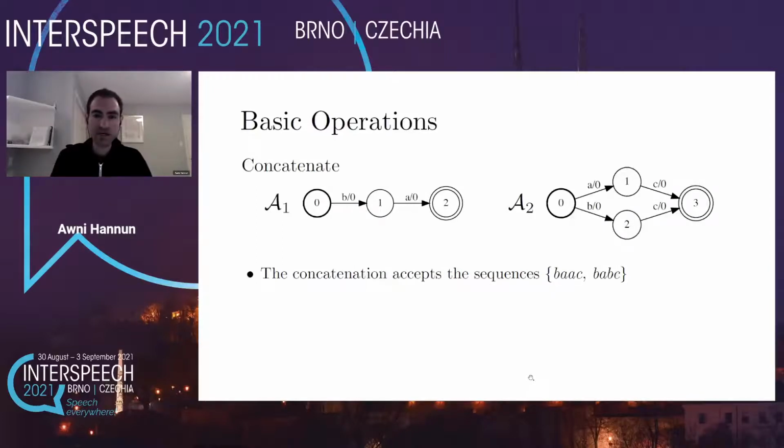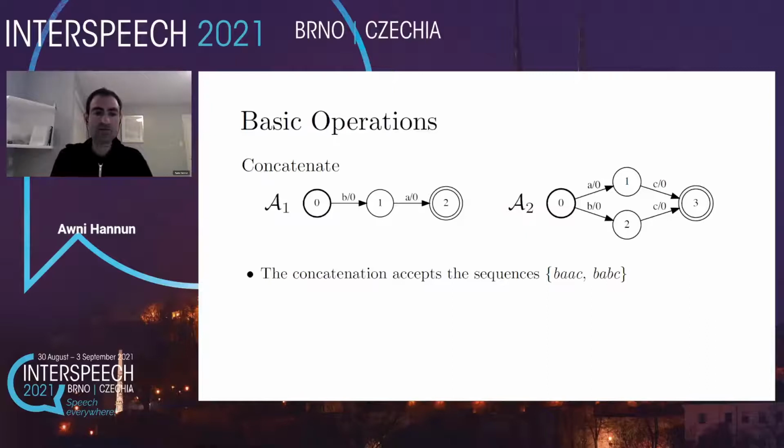Okay, the last of the basic operations is concatenate. Concatenate, as it sounds, takes 2 graphs and computes the concatenation. If there is a sequence, say BA, accepted by the first input graph, and a sequence, say AC, accepted by the second input graph, then the concatenated graph would accept the sequence BA-AC.